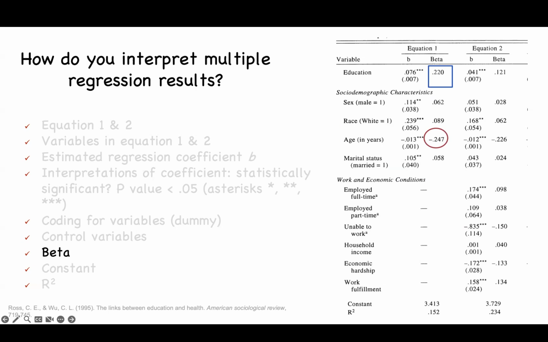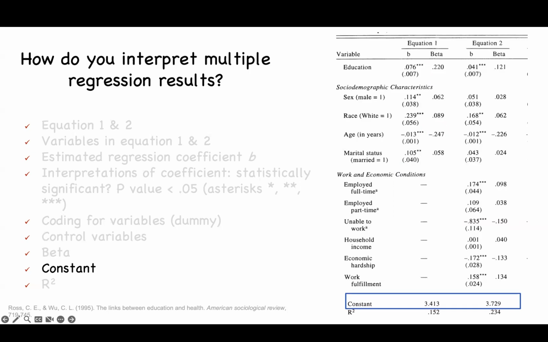In both equations, we see that age has the largest standardized coefficient, minus 0.247, regardless of the sign, of course. Marital status has the smallest effect in both equations with a beta value of 0.058. So please remember, we want the largest absolute value, regardless of the sign, to have the largest effect.